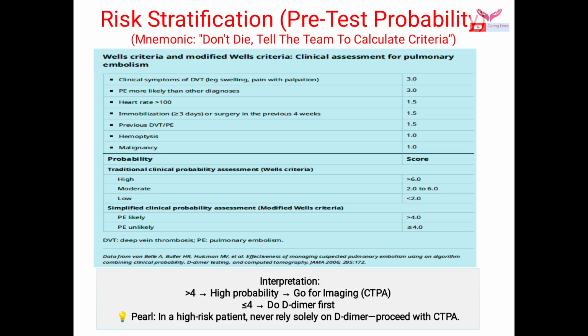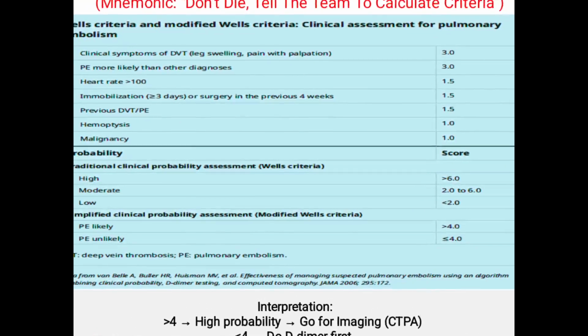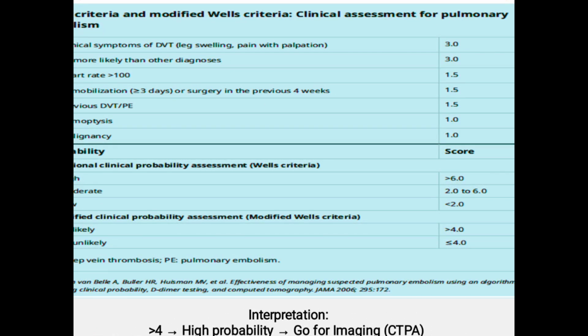If patient has clinical symptoms of DVT, that is leg swelling, pain with palpation, then we give 3 points. If we are highly suspicious of pulmonary embolism as compared to other diagnoses, then again we give 3 points. If the heart rate is more than 100, we give 1.5 points.